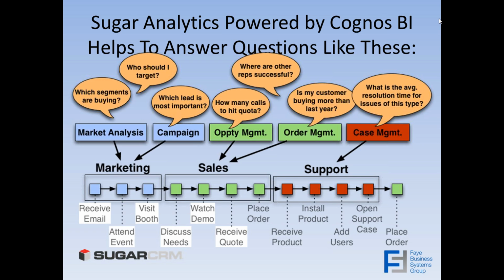So let's step back a little bit and look at how it could be used in a Sugar sense. We often see that a lot of Sugar customers have a number of questions that they want their CRM data to help answer. From the marketing point of view, marketing managers will want to use CRM data, pipeline and opportunity data, to look at who has actually bought things in the past, or which of my existing customers and prospects are good targets for a certain kind of campaign.